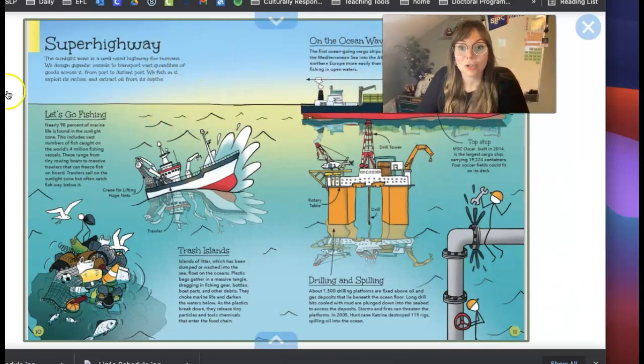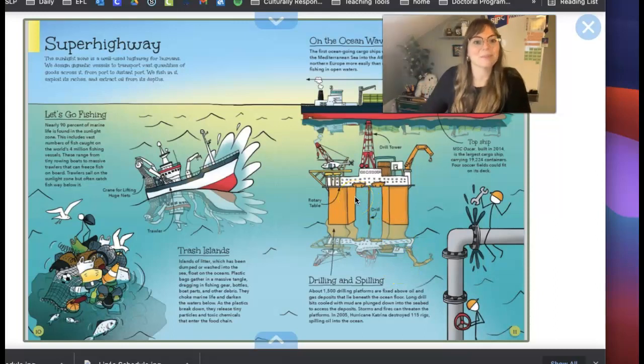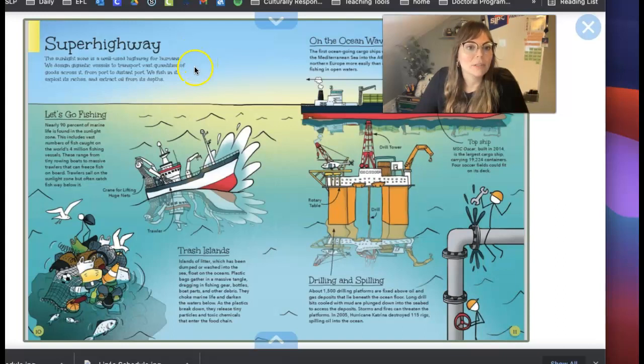This page shows human impact on the sunlight zone. Superhighway. The sunlight zone is a well-used highway for humans. We design gigantic vessels to transport vast quantities of goods across it, from port to distant port. We fish in it, exploit its richness, and extract oil from our depths.